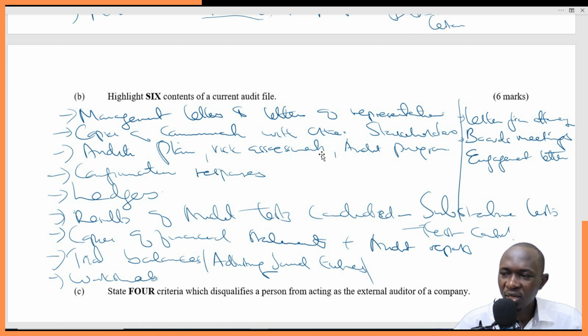We've talked about findings and recommendations. Any findings, recommendations, conclusions from the audit tests, we have also mentioned that.